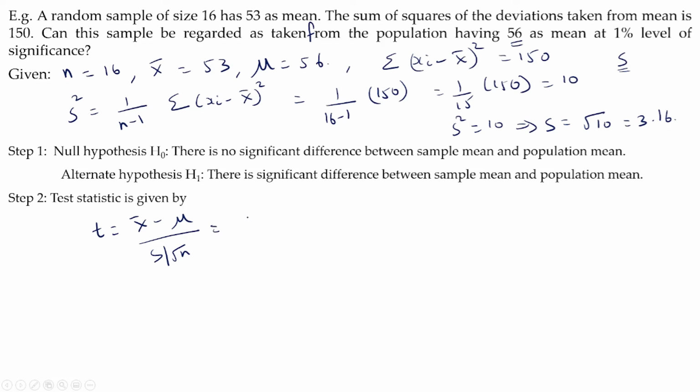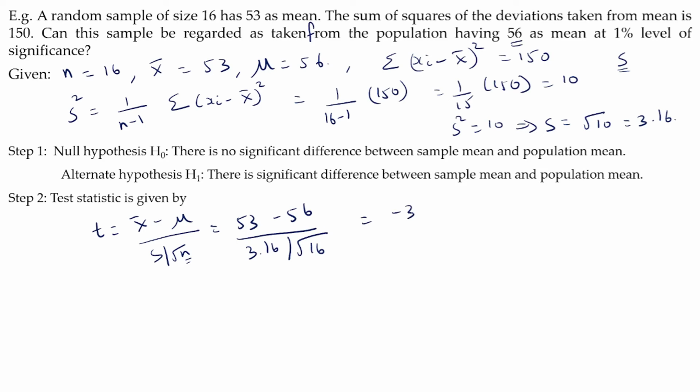So this is equal to, here x bar is 53, mu is 56. 53 minus 56 upon, we just now found, yes, it is 3.16, 3.16 upon root n is 16. Sample size is given as 16.